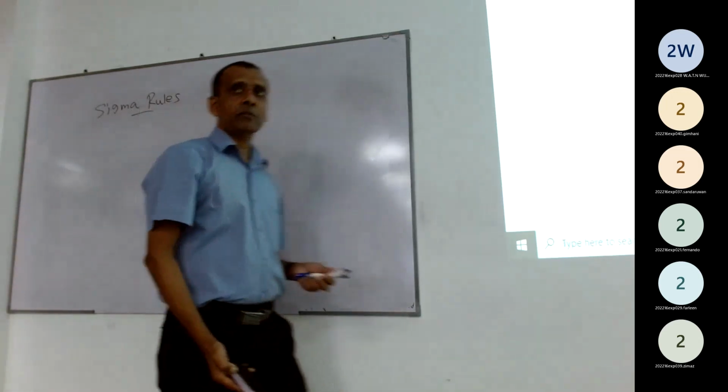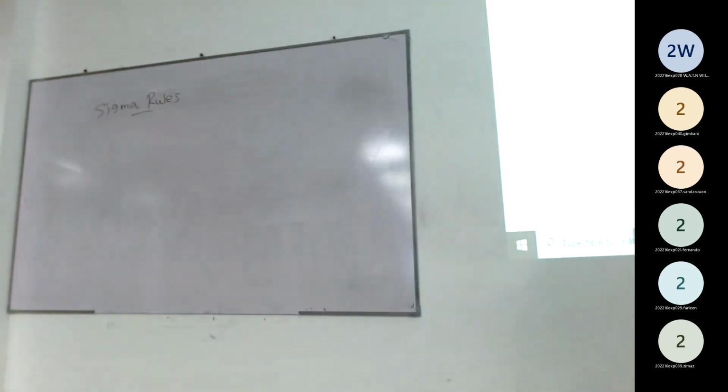Okay, when you are developing models, because in regression models, finally we want to develop the models. When we develop these models, sigma should be correctly applied. And if you are simplifying the models, simplifying the formula, you want to use sigma rules correctly. Otherwise, many times mistakes.